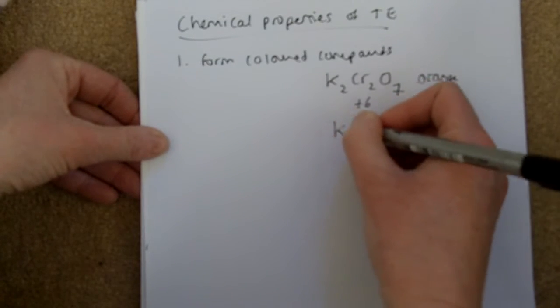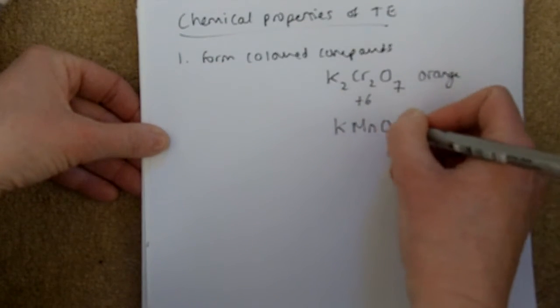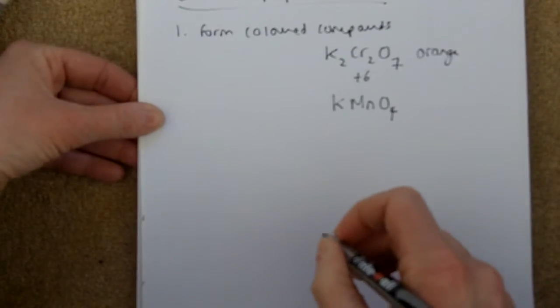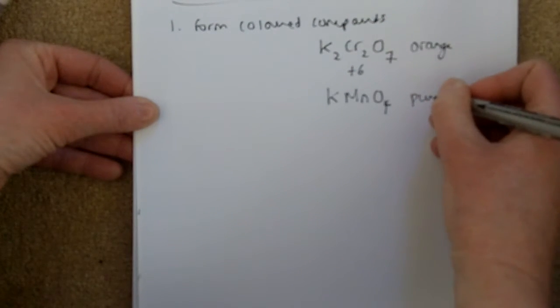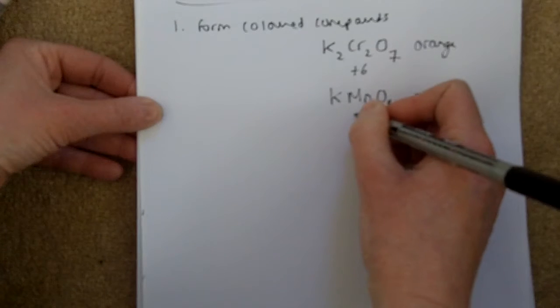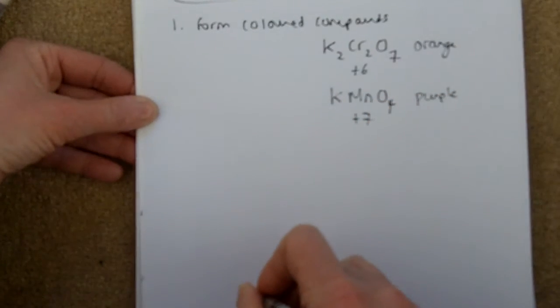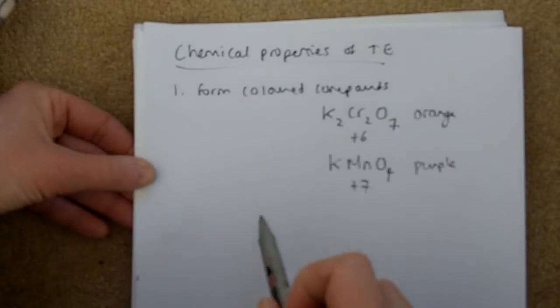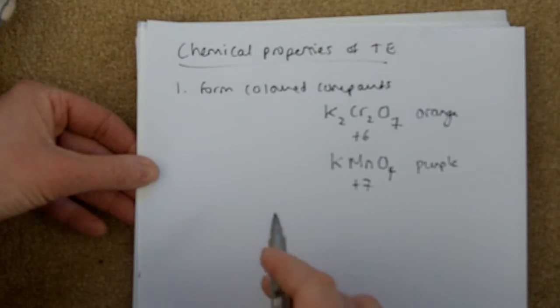Another common one is potassium manganate, which is a purple colour, and manganese is in the +7 oxidation state. So transition elements form coloured compounds.